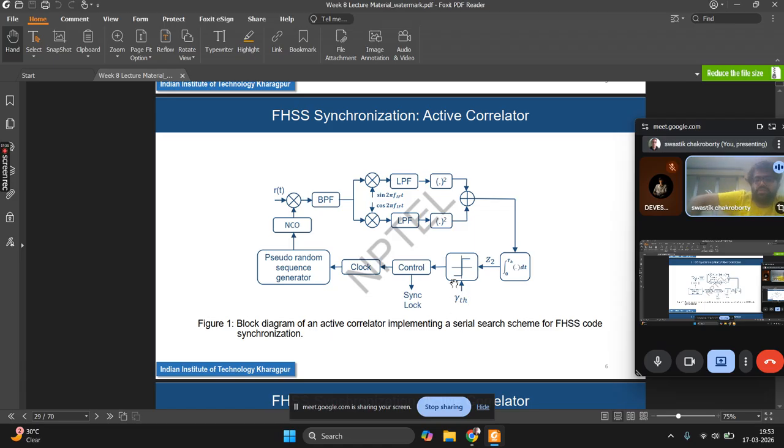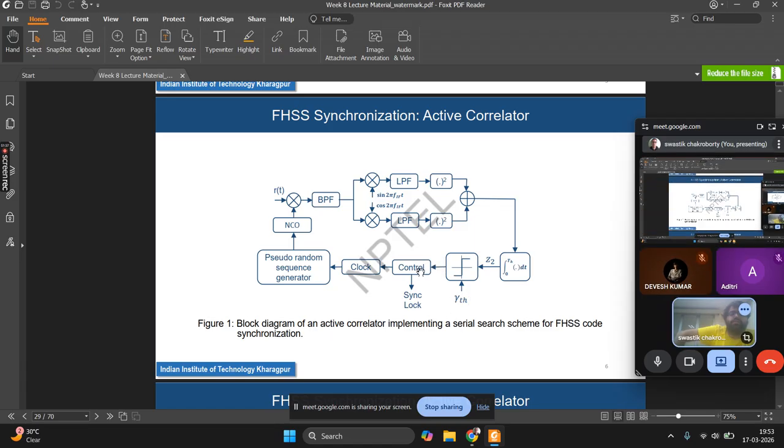If it has crossed the threshold and this gives 1, then the control will lock the sync, and your pseudo random code sequence generator will only generate that particular hop sequence until it gets further notice from the control to change. That's why the threshold comparator gives the instruction to the controller to sync lock.